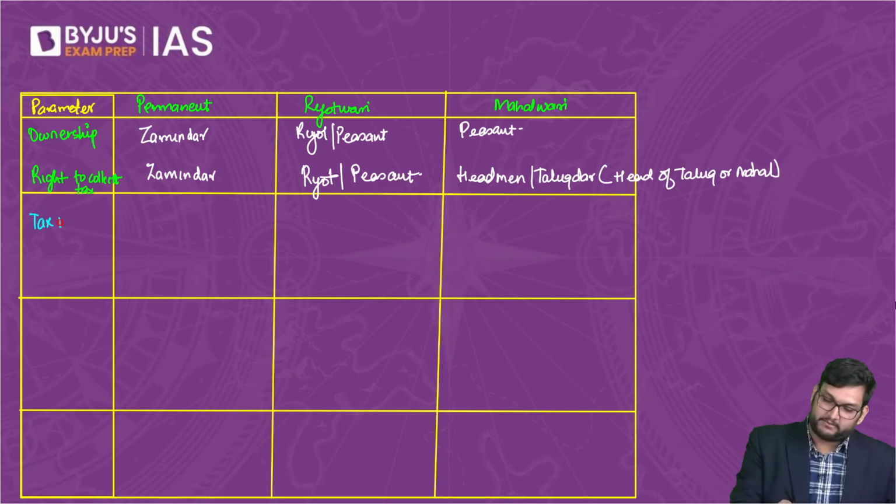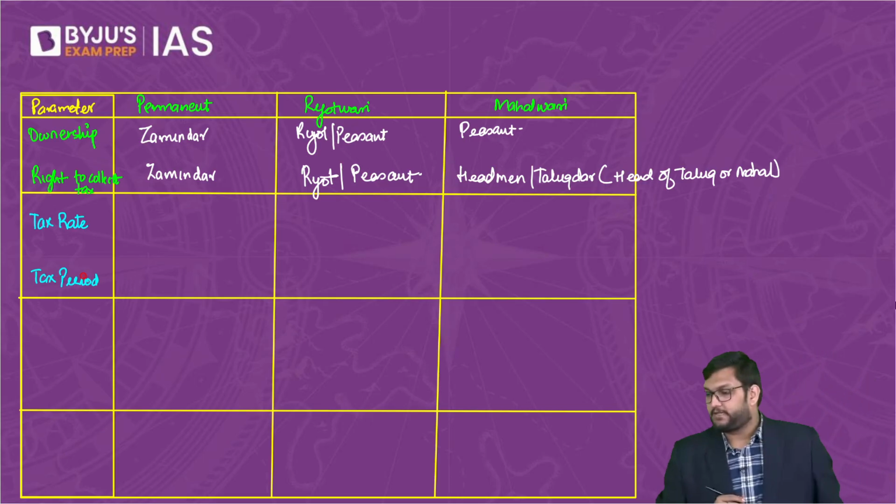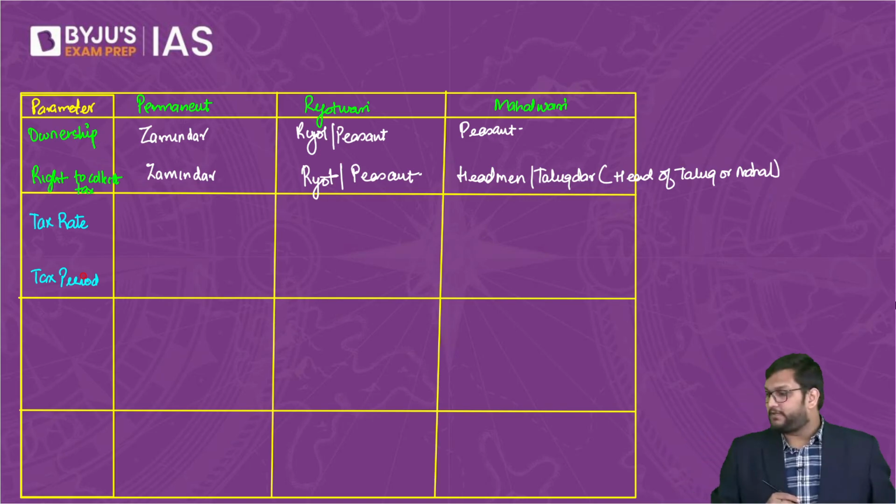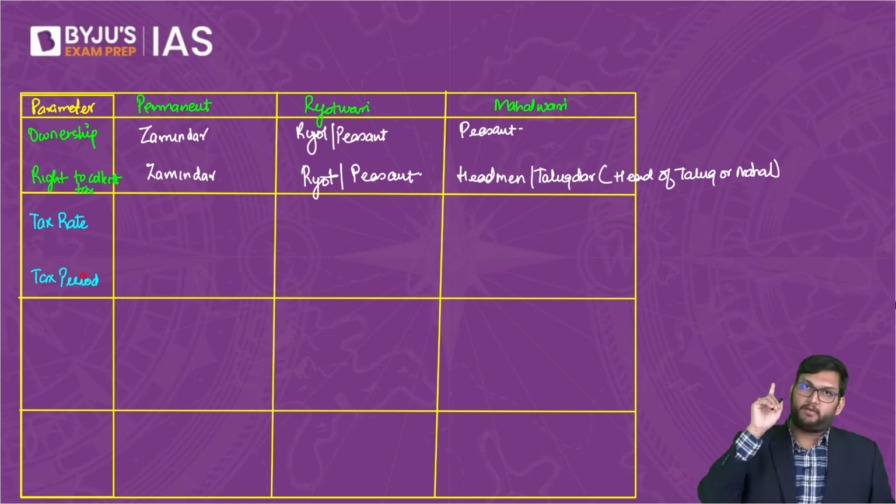Now, tax rate, tax period. There could be multiple headmen in one mahal. Why not? But then the tax will be collected from each of these headmen. Okay.